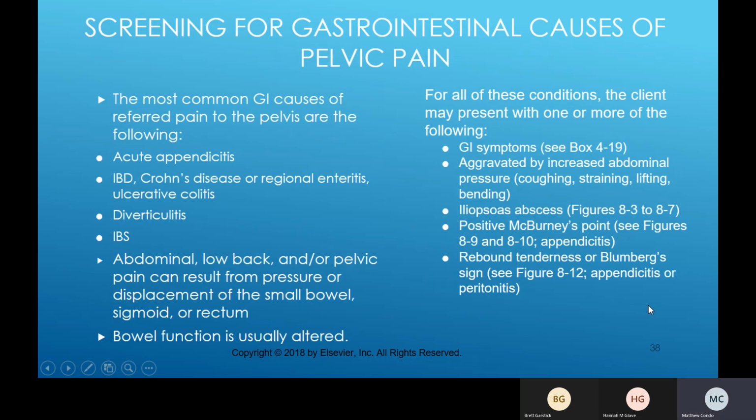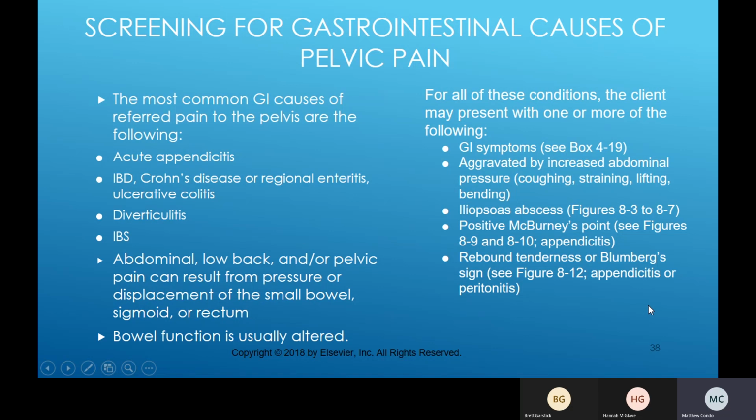When it comes to the GI causes, again, lots of different stuff in the GI system, right? What I need to watch out for is associated signs and symptoms. Big ones are going to be appendicitis. Irritable bowel syndrome is another big one we're going to see. But I also need to assess and screen for those things, right?